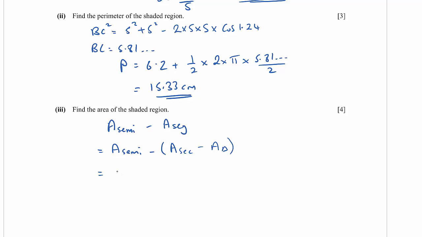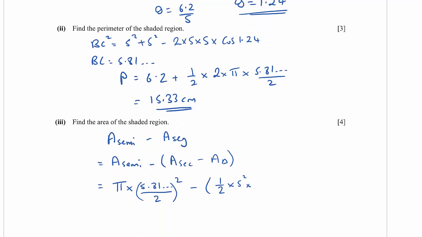So for the semicircle, that's going to be pi times the 5.81 and so on, divided by 2, squared, take away the area for the sector, which is just a half times 5 squared times theta, which was 1.24.